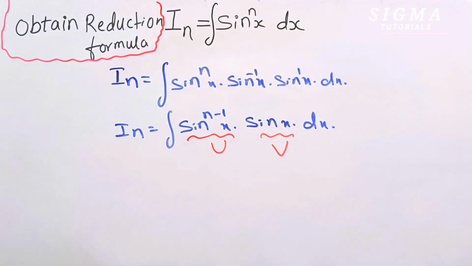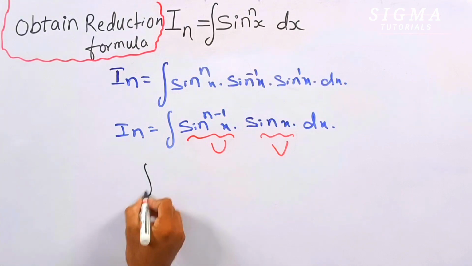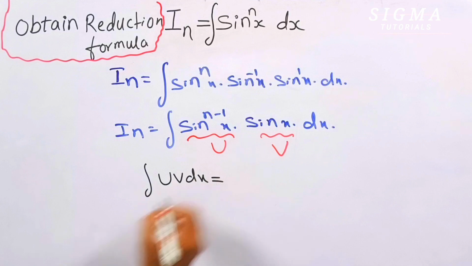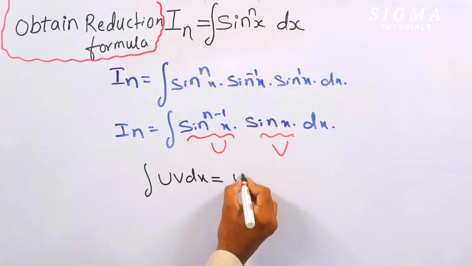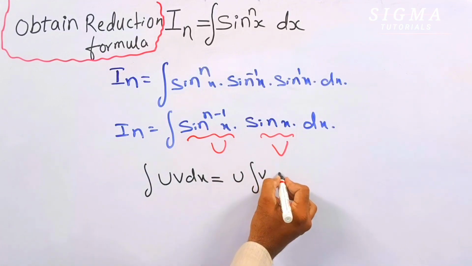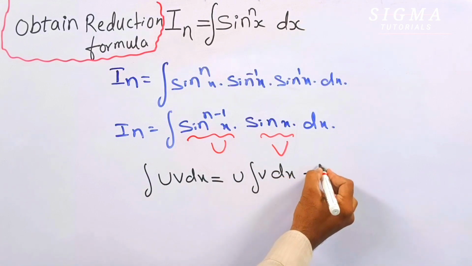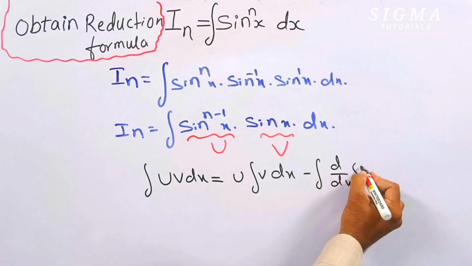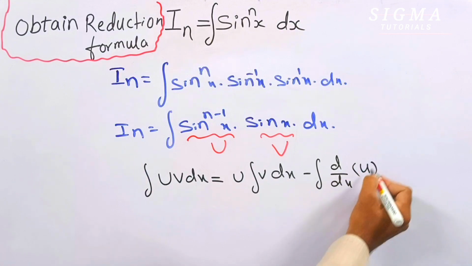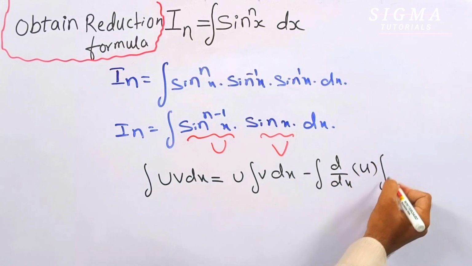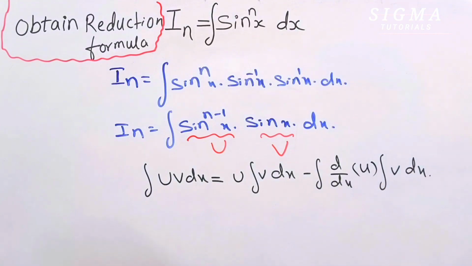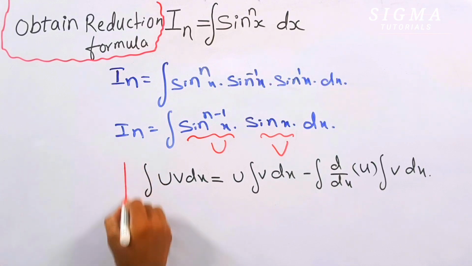Integration of u v dx equals u integration v dx minus integration of d by dx of u, multiplied with integration v dx. This is the formula which you have studied in the previous sessions.